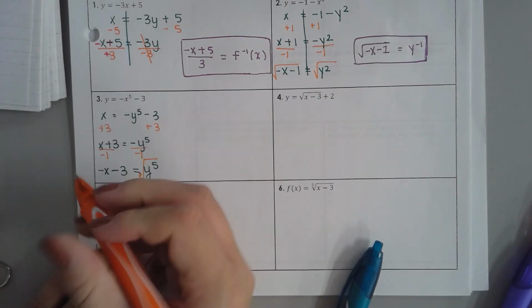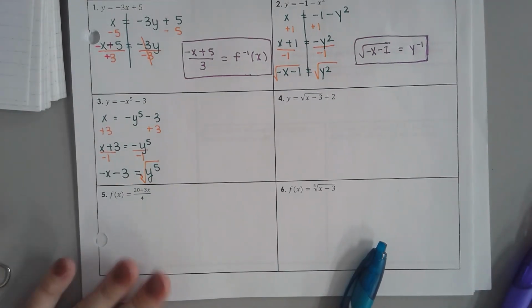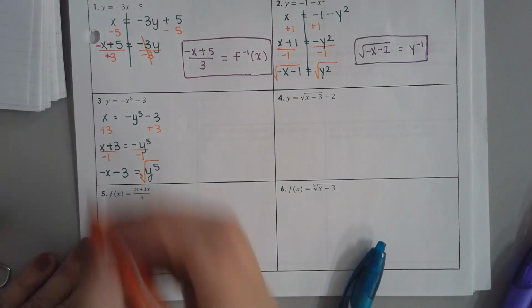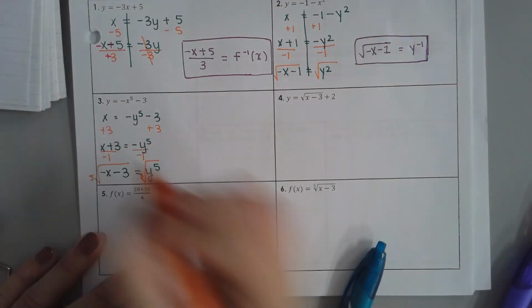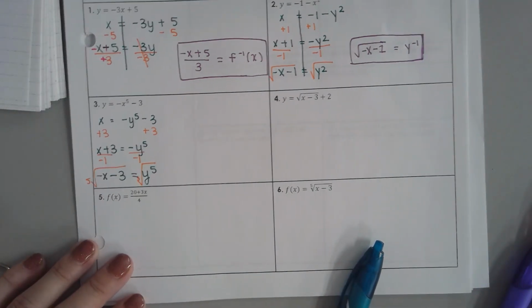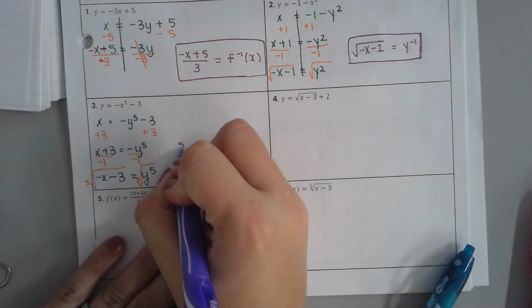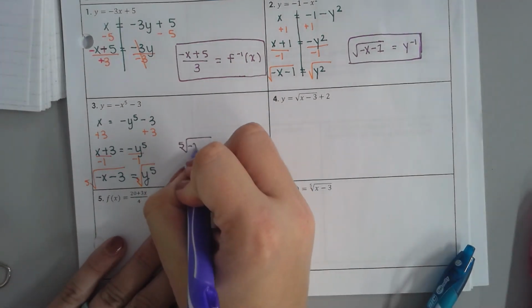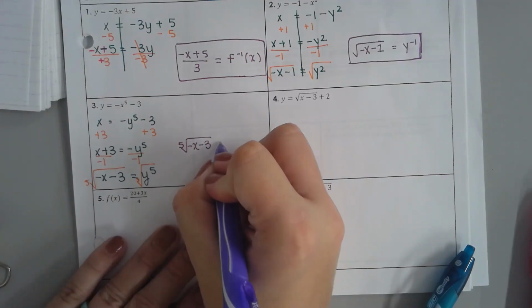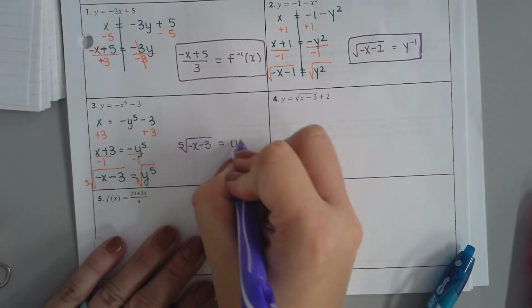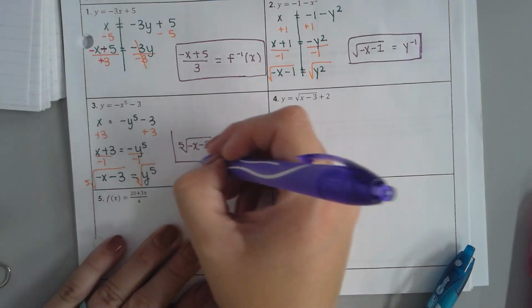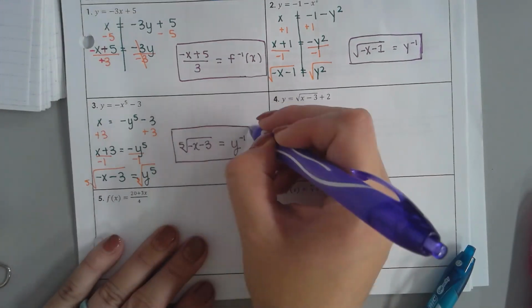And vice versa. If you have a 5th root, you want to get rid of it, you raise it to the exponent of 5. So I have the 5th root of negative x minus 3 equals y inverse or f inverse of x, whatever.